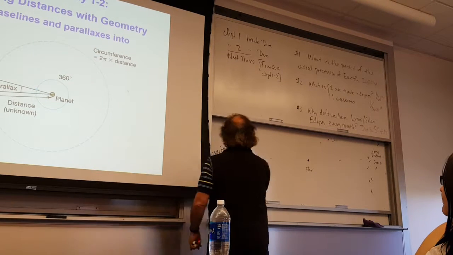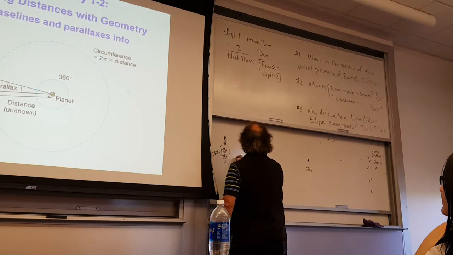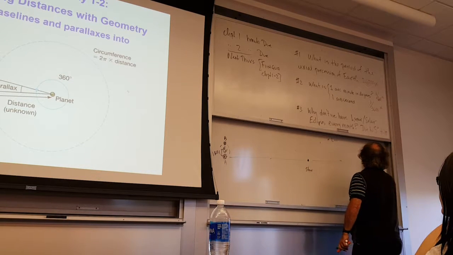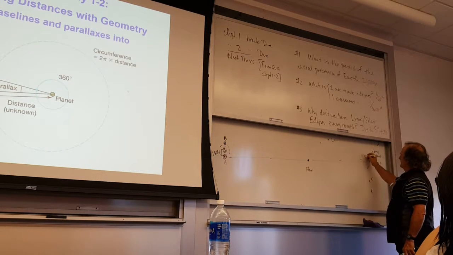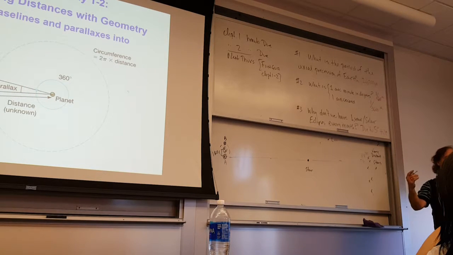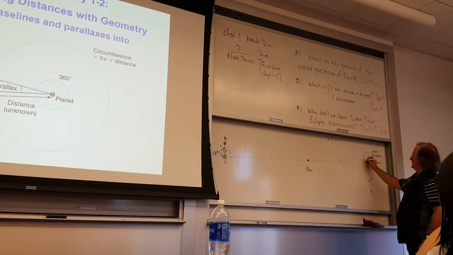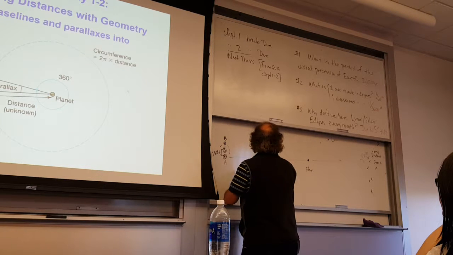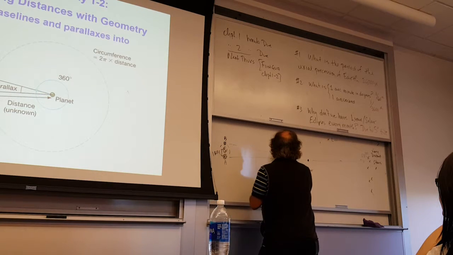Maybe I better get different colors. So say this is A. The line of sight will put it at a certain right ascension, call it A, or a certain declination. Right ascension and declination. But then 6 months later, it's going to look like this.